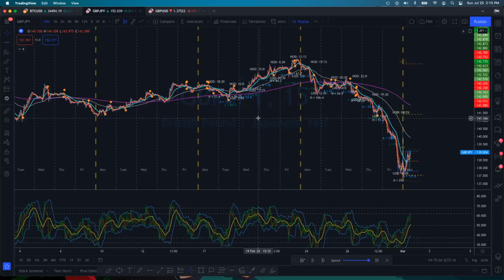You didn't have a one-way directional move on Tuesday. And actually, the week before that was also a trending cycle, and the week before that was also a trending cycle.